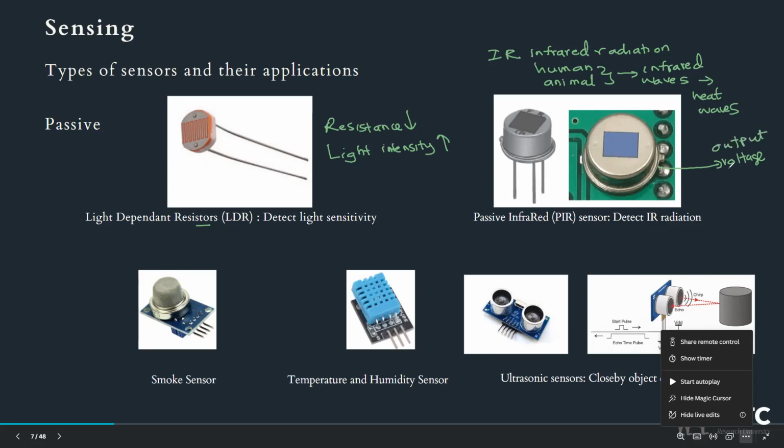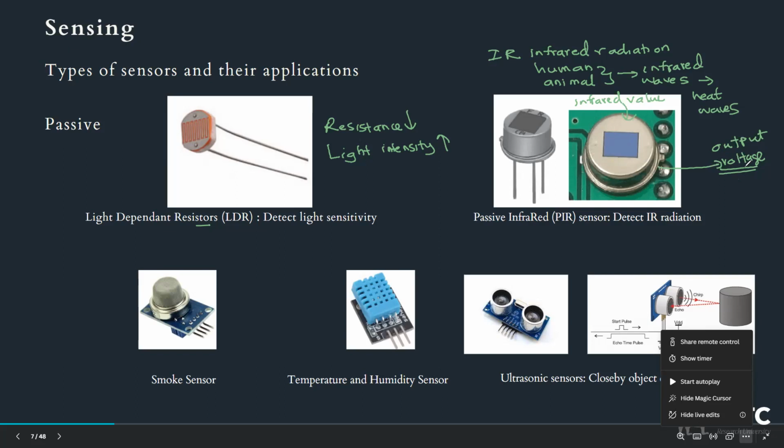The voltage value will depend on the infrared radiation value. So based on the infrared radiation value, the output voltage will also vary accordingly.